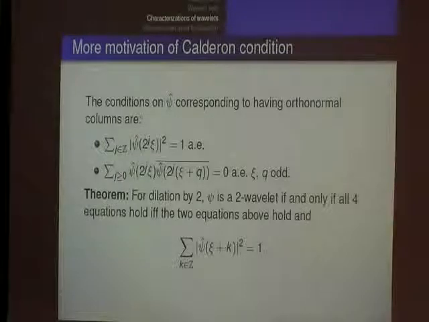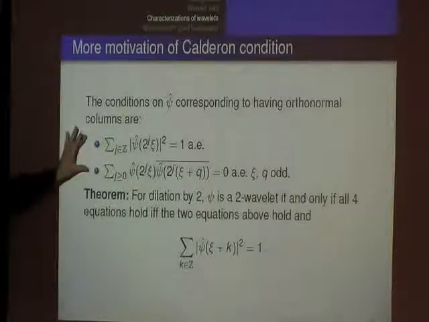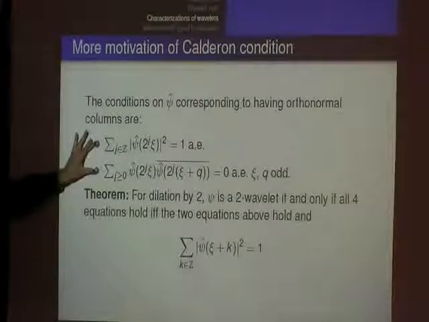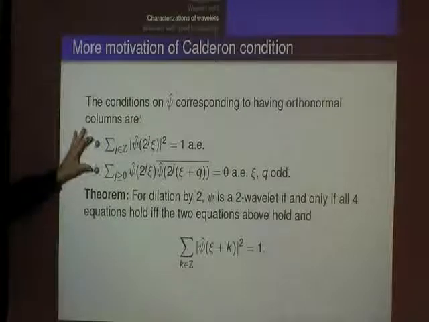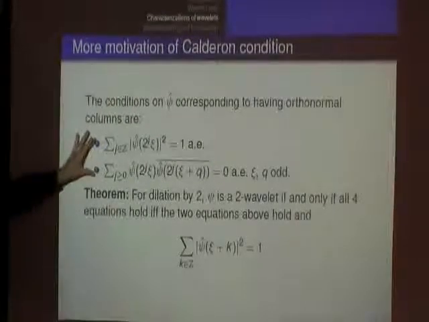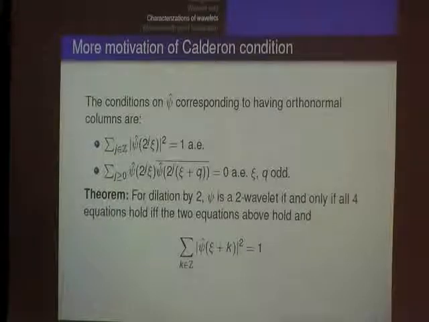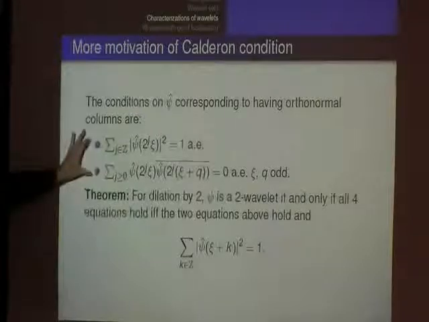Well, the general conditions that correspond to having orthonormal columns are these, in terms of wavelets. In some sense, I'm lying a little bit here. I don't know how to make this proof precise, but in some sense, these conditions are equivalent to taking the normal conditions for orthonormality of dilations and translates, and saying, instead of having orthonormal rows, we have orthonormal columns.